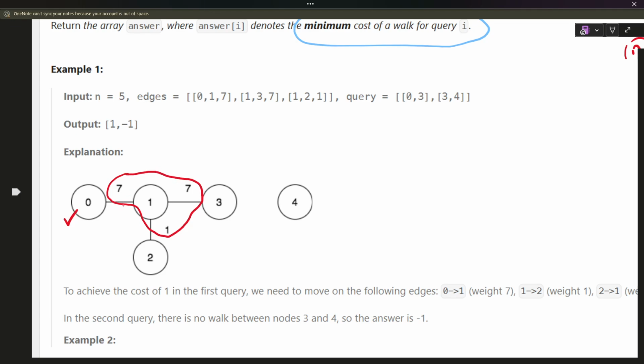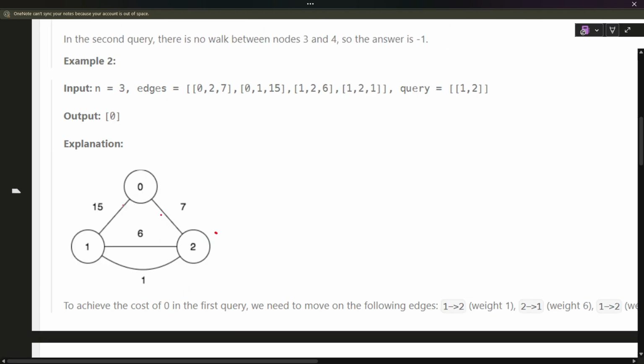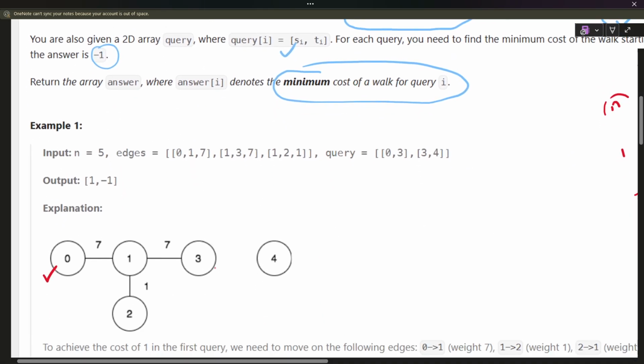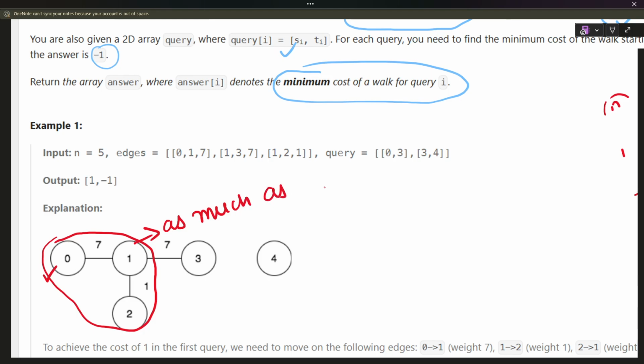And that's what we can cover because we can go anyway, right? You can travel the whole graph as many times as you want. Suppose you can iterate here as much as you want.